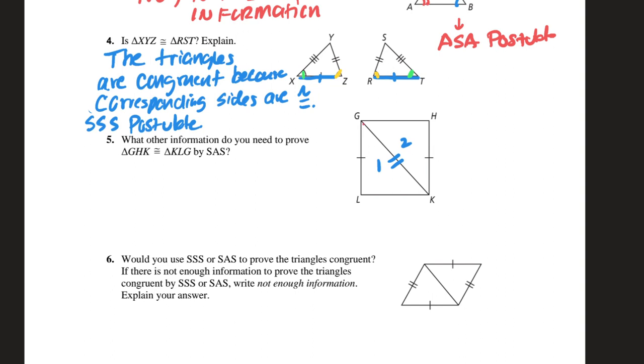They also have this segment, which is GL, congruent to KH. So the remaining information that you need to prove the two triangles congruent is the included angle.